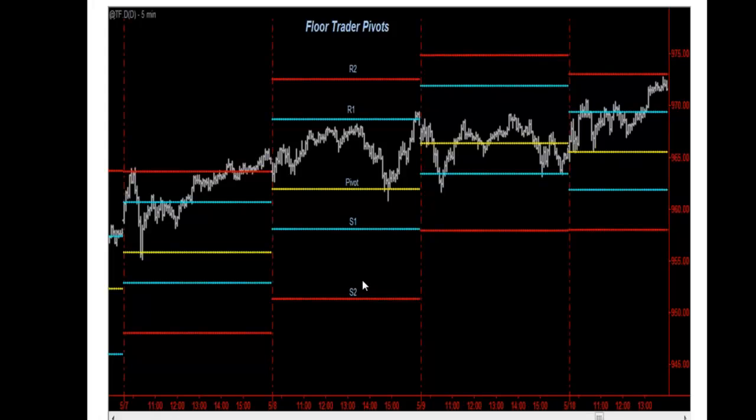Okay, now that we've got these zones, we went back and researched over 20 years of intraday data, and what we basically were looking at is, let me say it differently, I'm sorry, let's start with the close.